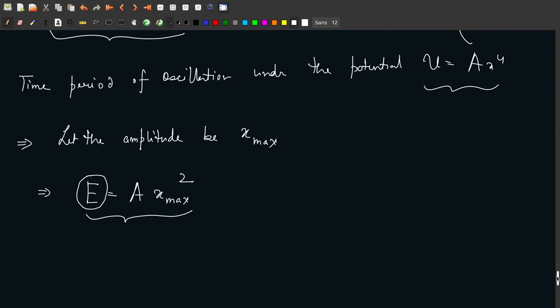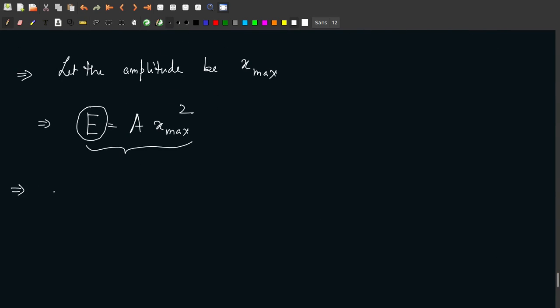Okay, but at some intermediate point in the time period of oscillation, the kinetic energy will be equal to half of m x dot square, and the potential energy will be given by a into x to the power 4.